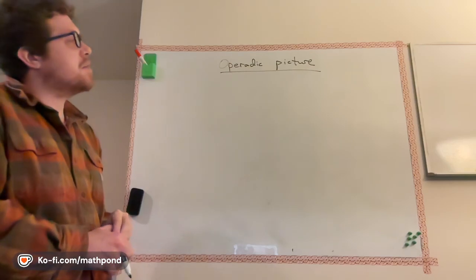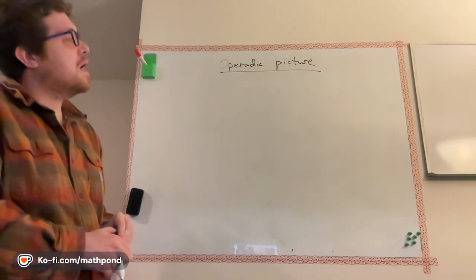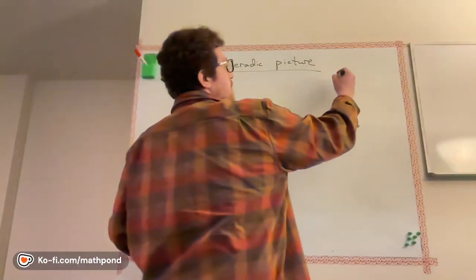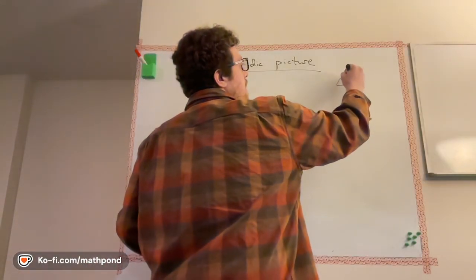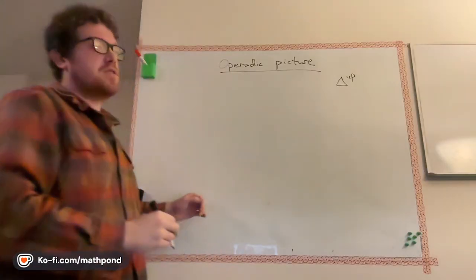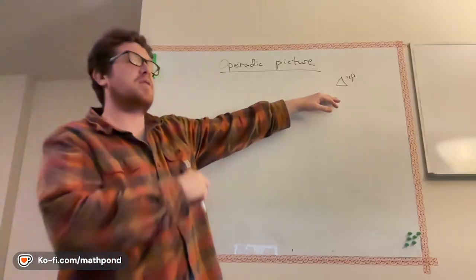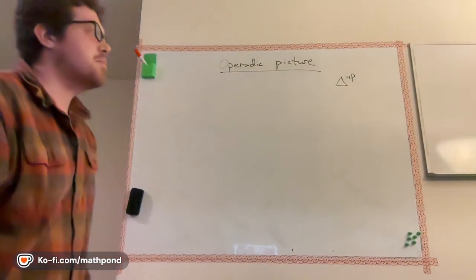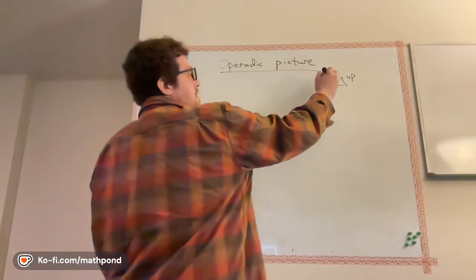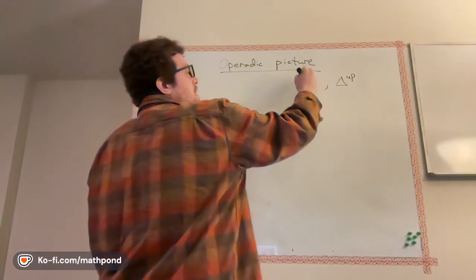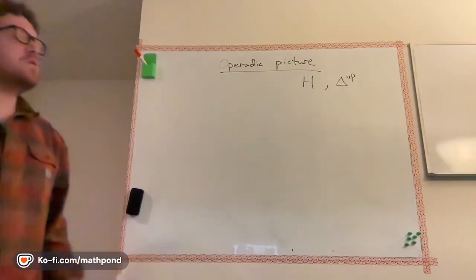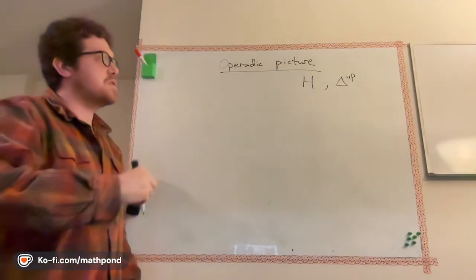So the operatic picture, again, we're going to have a very similar thing. I'll label them a little bit differently so that you know that they're actually different. So this will be delta up. This will be a delta that operates on this upgraded Barratt-Eccles operad stuff. And then we have this capital H to distinguish it from the lowercase h that was acting on the Cartesian product.